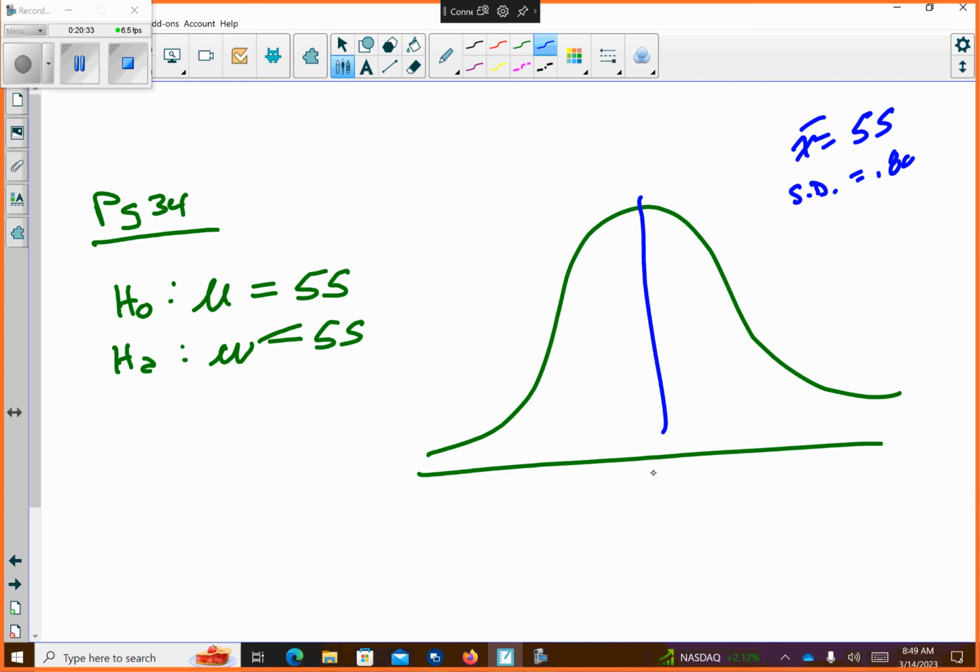So basically, you have 55 here. This would be 55.80. This should be 56.60. And then over on this way, we have 54.20. And subtract 53.40. So there's basically our thing.